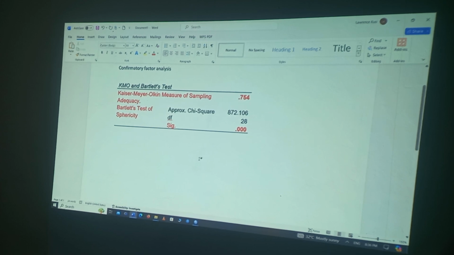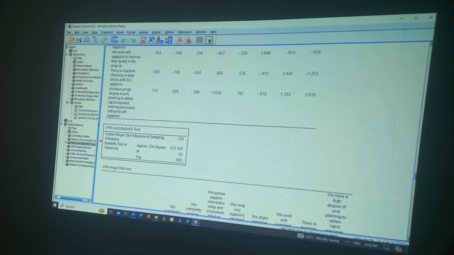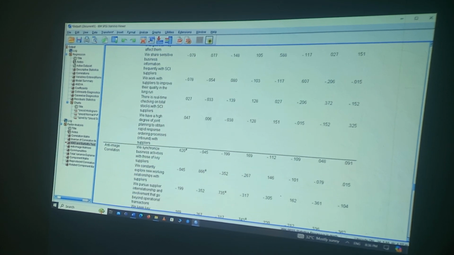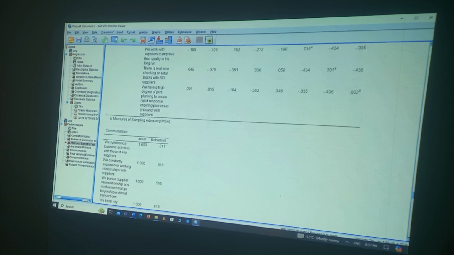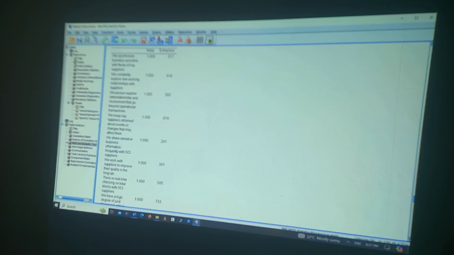So we can proceed to now interpret the factor analysis results. One can even check these alone, and if they are not met, you cannot use the factor analysis.